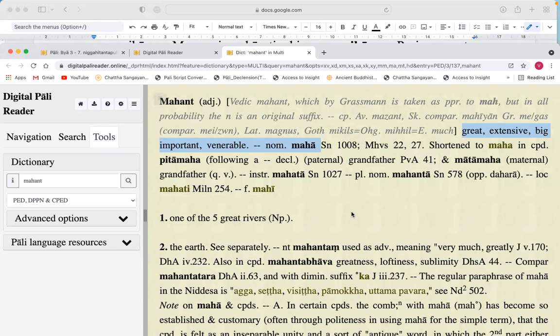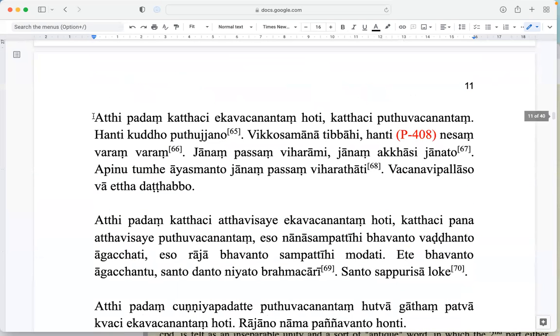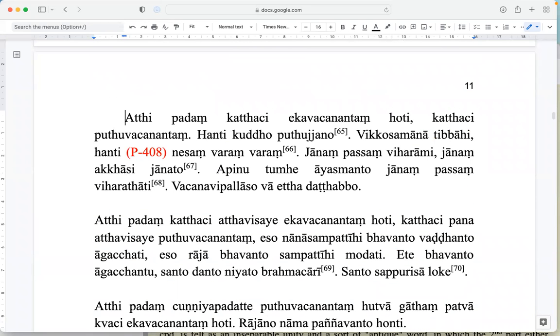So many meanings. Okay, and then next. Another need: the ati badan kataji eka vajananda hoti, kataji bahu vajananda. So in some places singular, in some places plural.